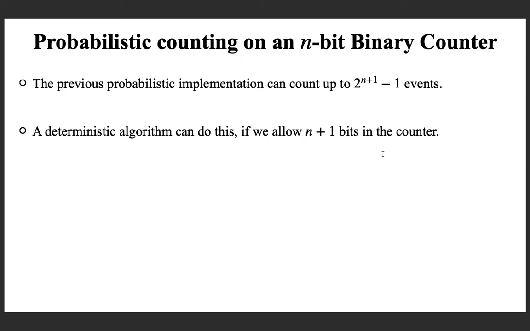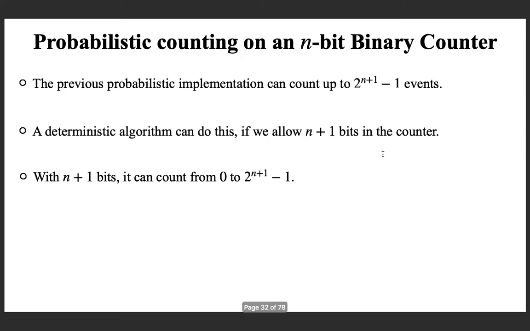But that is not so interesting, because even though it allows you to count twice the number of objects, you are getting an algorithm which is not always correct, which is a probabilistic algorithm. The expected value is correct, but the actual value at a point of time can be wrong. And you are only going up to twice the number of events, which you can do if you just allow one more bit in the counter.